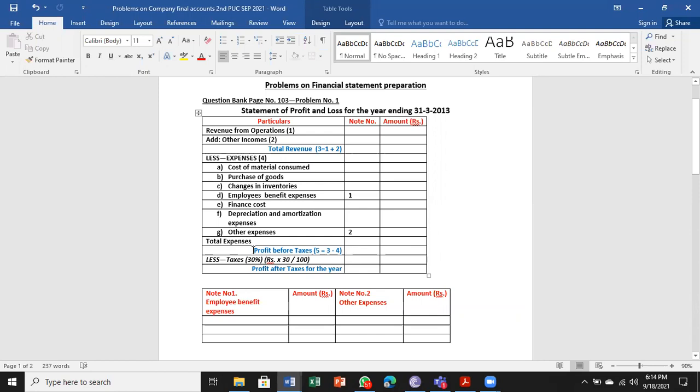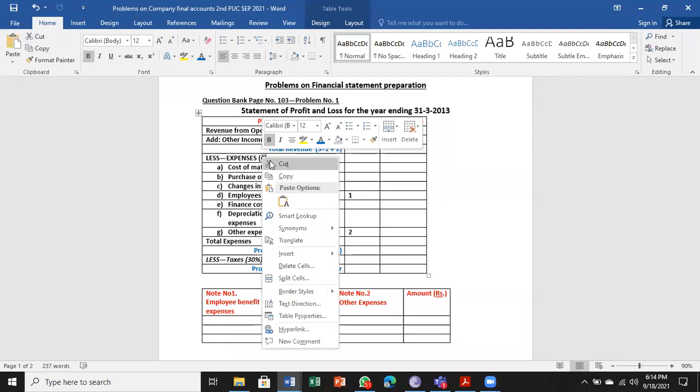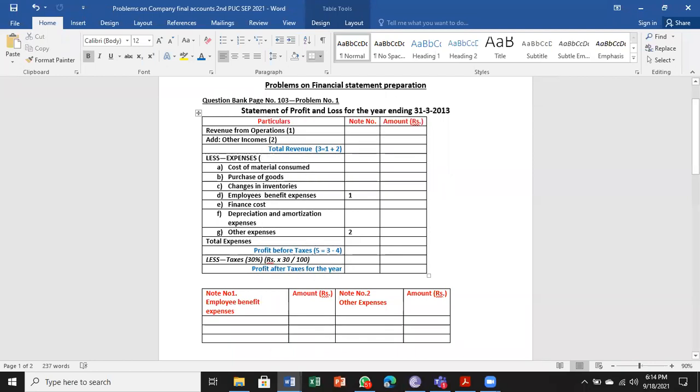Then we have to go for profit before taxes. That will be 5. So 5 will be 3, total revenue, minus the total expenses. So we can call this total expenses as 4.